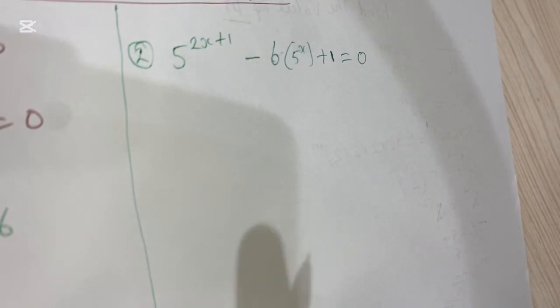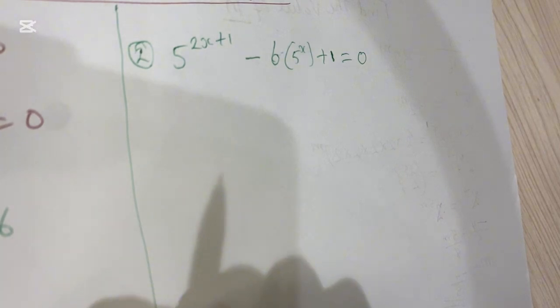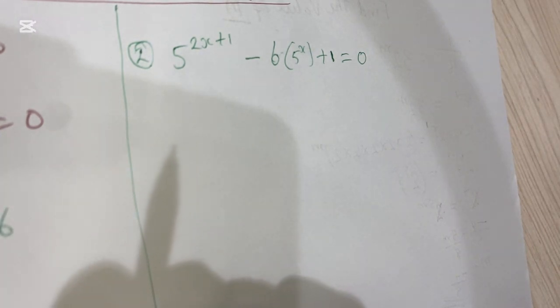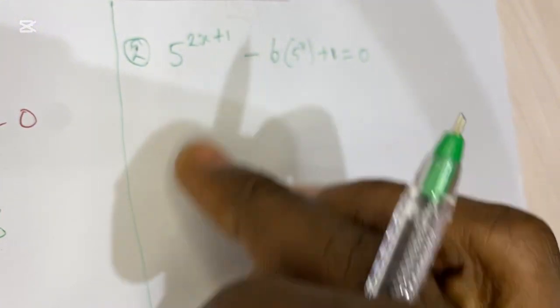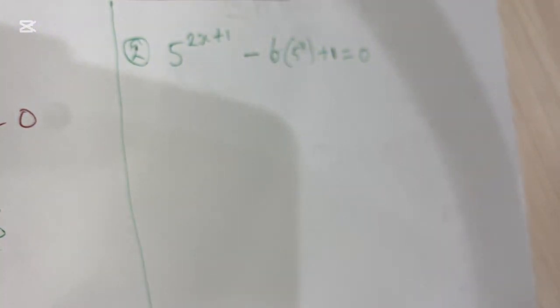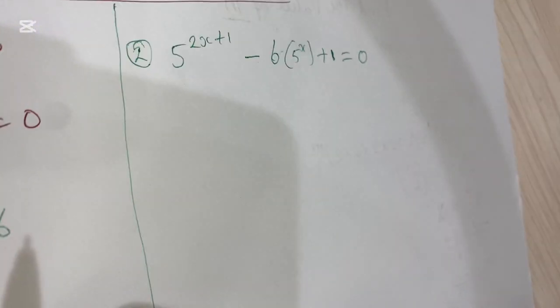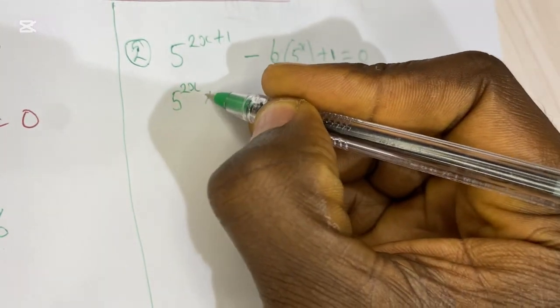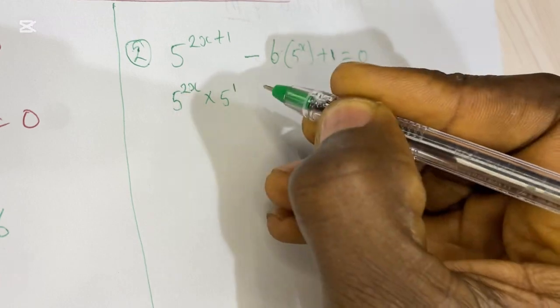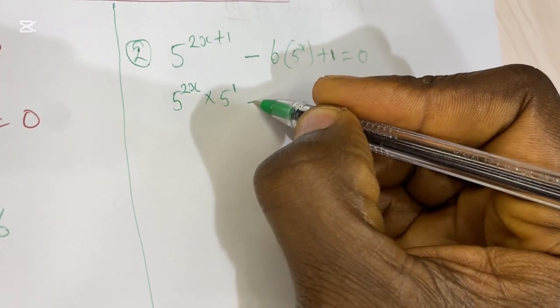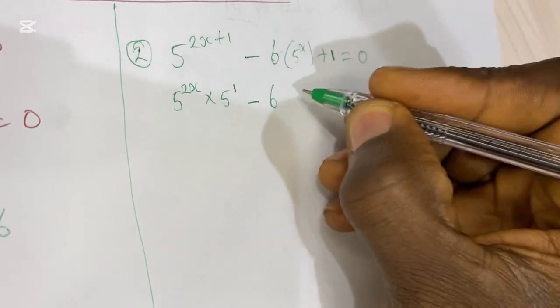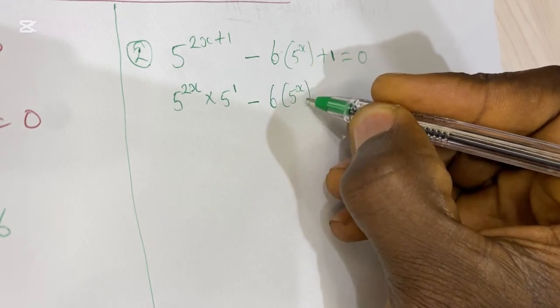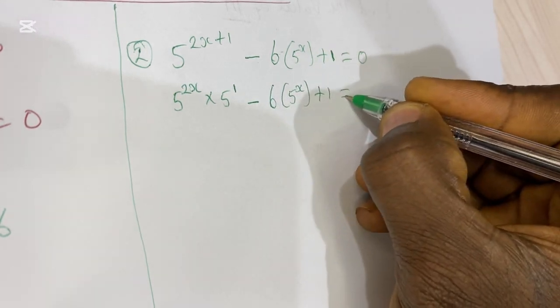Remember what we did in the previous example? You can separate this using the law of indices. So doing that, we have 5 raised to power 2x times 5 raised to power 1, minus 6 bracket 5 raised to power x, plus 1, equal to 0.